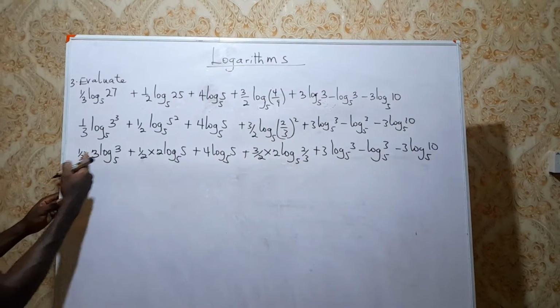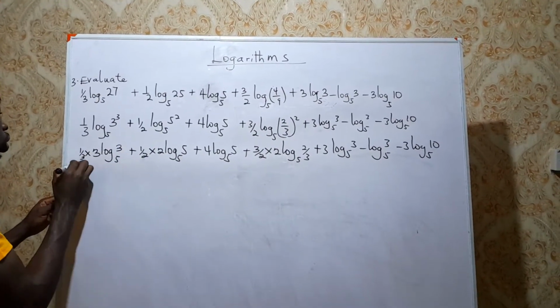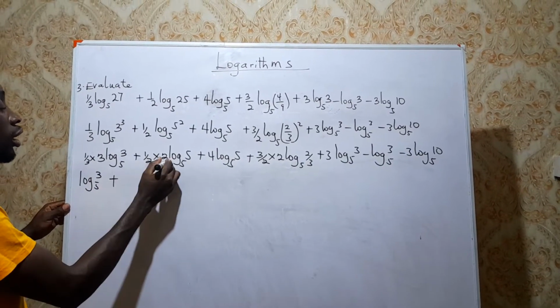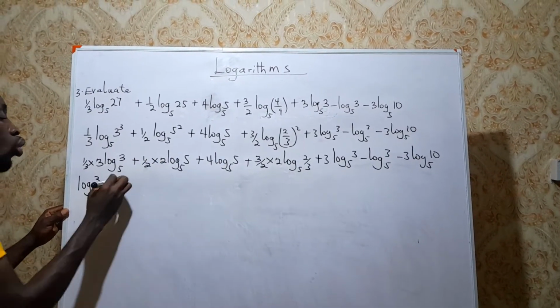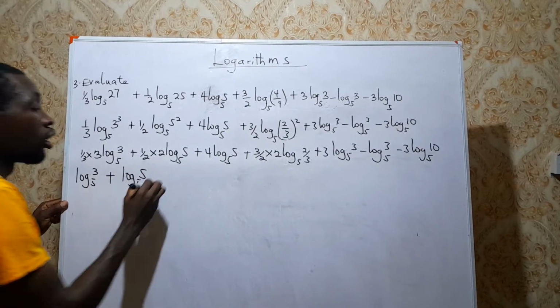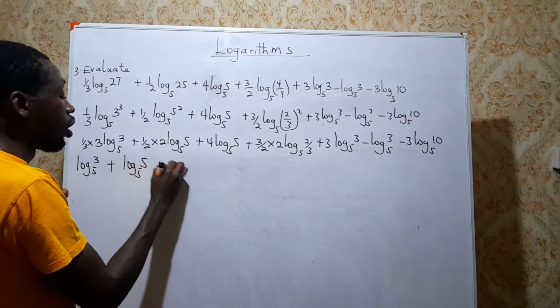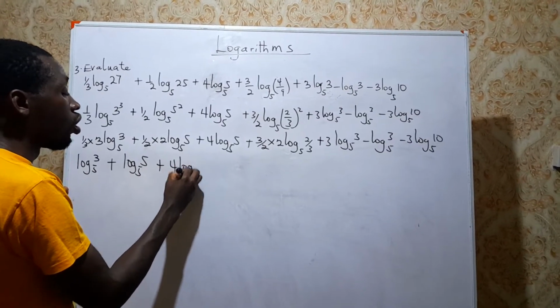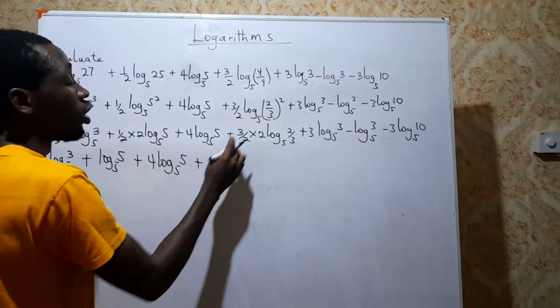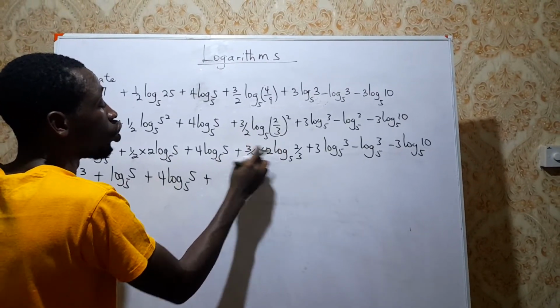So if 1 over 3 multiplies 3, it will be 1. So we will be left with log 3 base 5 there. Then the same way, half multiplied by 2 will be 1. So we are left with log 5 base 5. Then plus 4 log 5 base 5. Then plus 3 over 2 times 2, it will be 3.